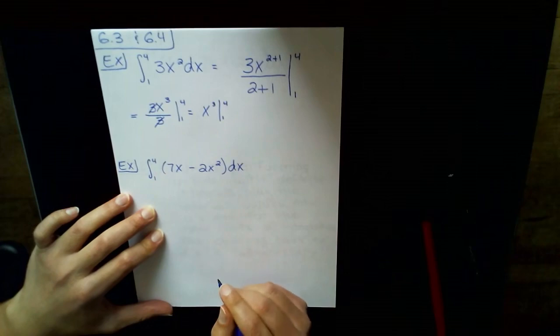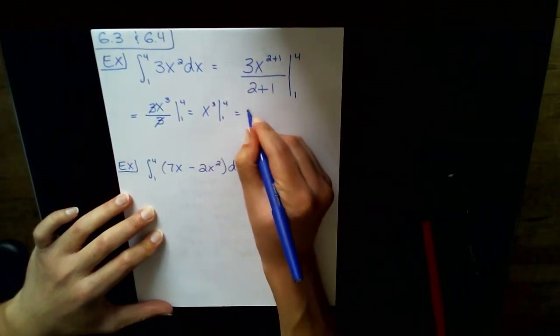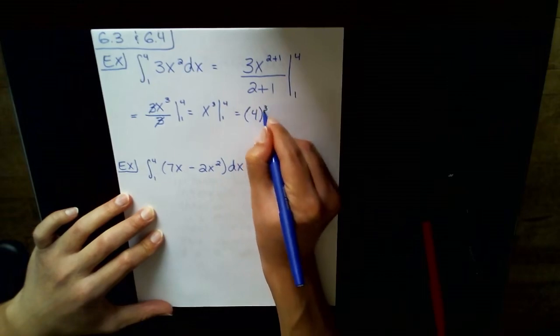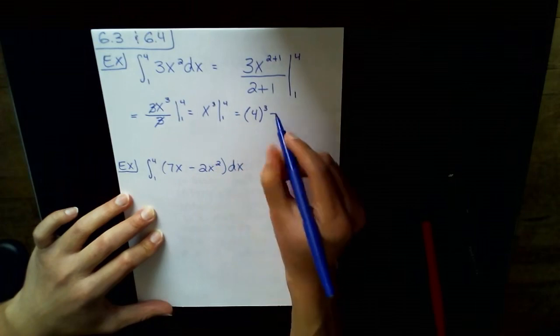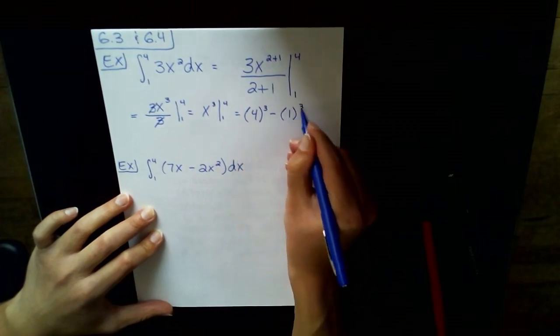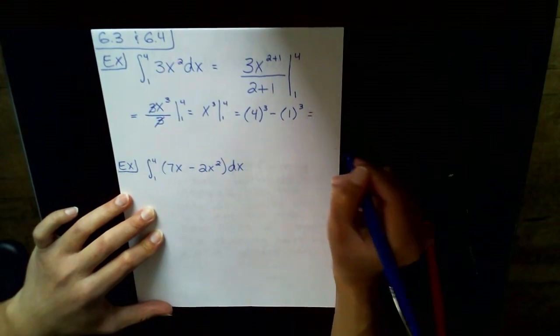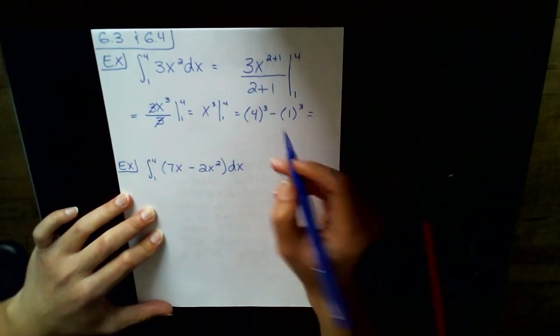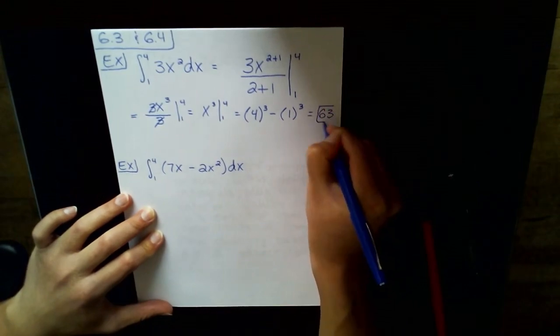And now we can plug them in. We plug 4 in for x, we get 4 cubed, minus, now we plug the bottom value in, 1 cubed, which when you evaluate that on your calculator would give you 64 minus 1, or 63.